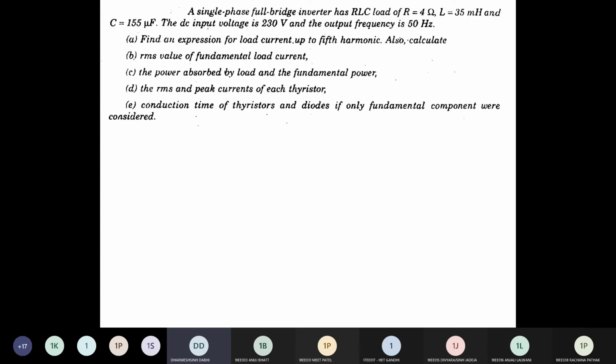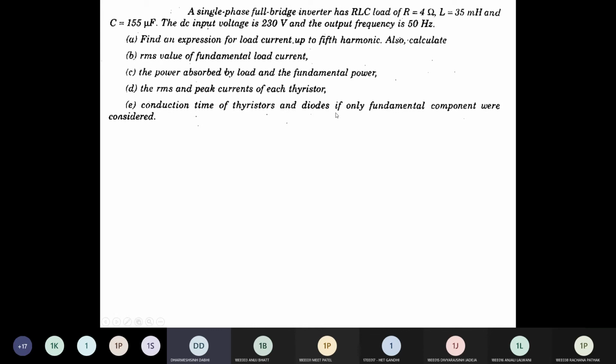What can you calculate from R, L, and C? How much time will your thyristor conduct? Let's see for how much angle your thyristor will conduct.